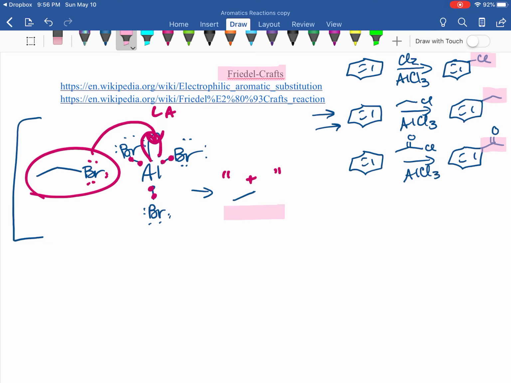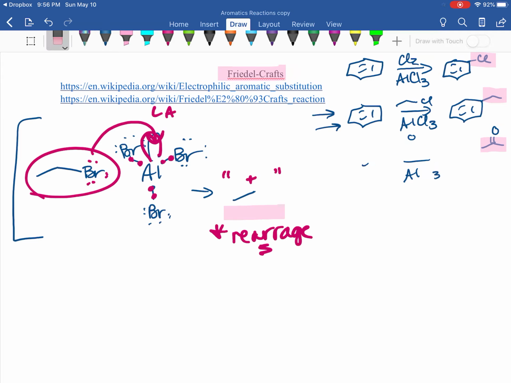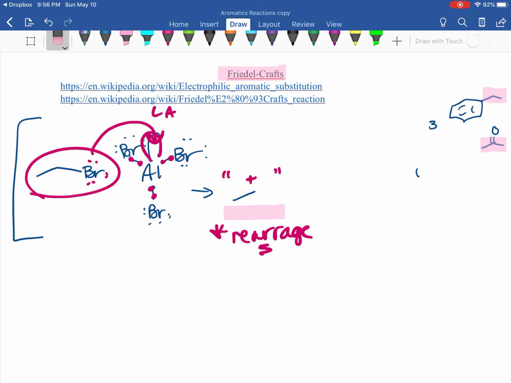Your aluminum bromide just helped you make a carbocation. And do you think these can rearrange? Oh, yes. Just like Unit 3 and Unit 4, your carbocations can rearrange. In this case, there's nothing to rearrange. They're both the same. So then let's continue our mechanism.